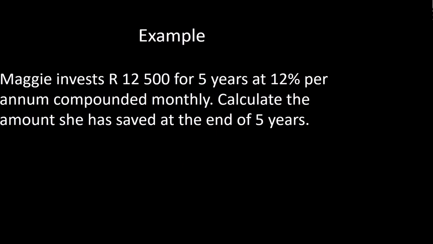All right, let's have a look at this example. Maggie invests 12,500 Rand for 5 years at 12% per annum compounded monthly. We can see here that m is going to be 12 because there are 12 months in a year. She invests 12,500 Rand, so that's our P. And our n is not 5 years. It's going to now reflect that it needs to be times by m, the number of times compounding occurs.